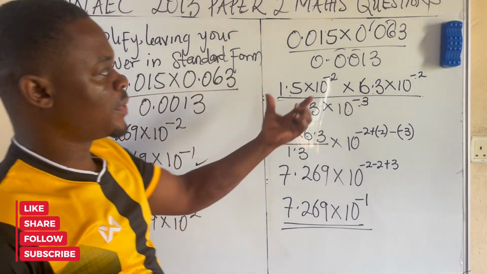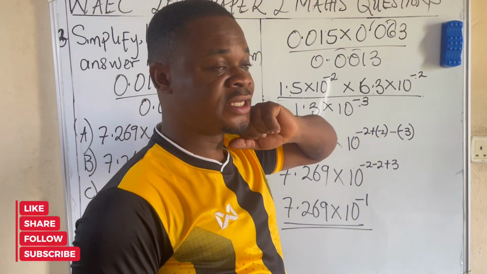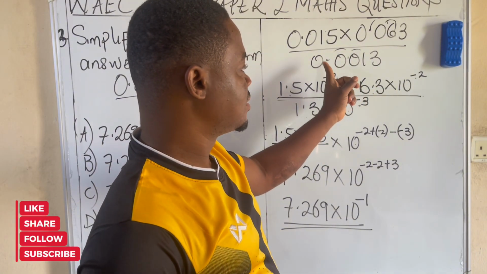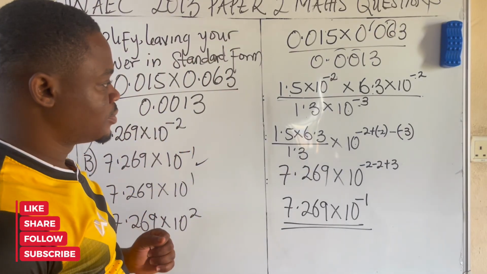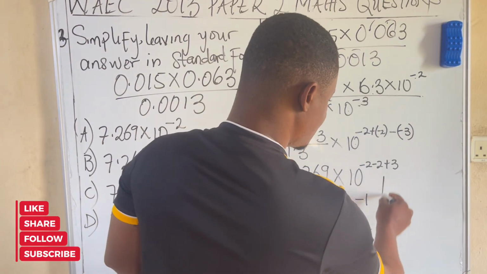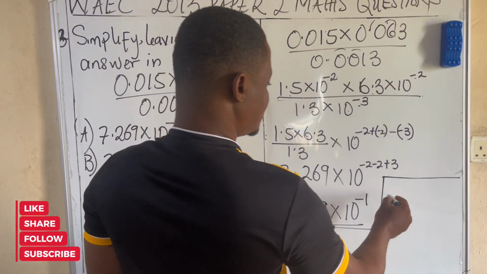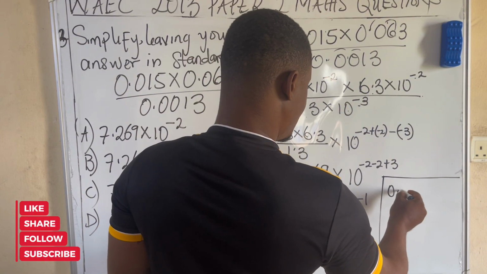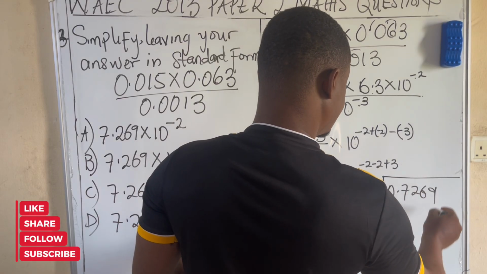You can equally decide to multiply everything here and divide with this. When you do that using your calculator, you are going to get something like 0.7269.